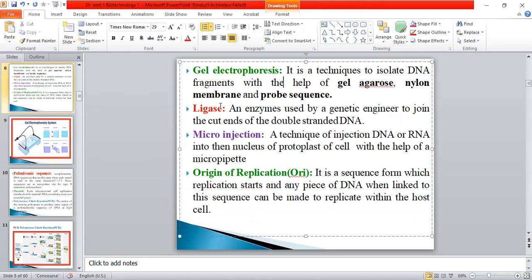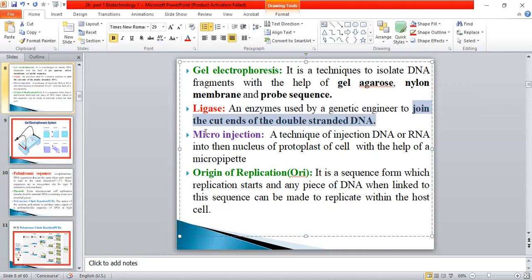The next one is called ligases. We only just studied it. What is ligase? Ligase is nothing but joining. Ligase is an enzyme used by the genetic engineer to join the cut ends of two different double-stranded DNA.